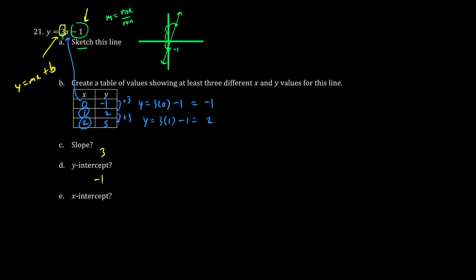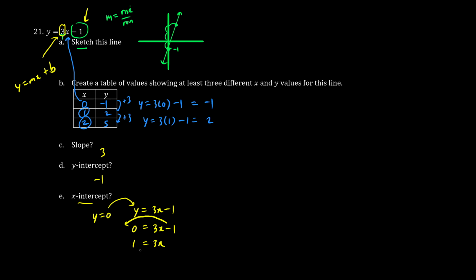And finally, what's the x-intercept? To find the x-intercept, we simply set the opposite of x, which is y, equal to 0. So we have y equals 3x minus 1, and by setting this to be 0, we simply use some elementary algebra. You add 1 to both sides, or you could think of this as throwing the -1 over and changing the sign, so 1 is equal to 3x.